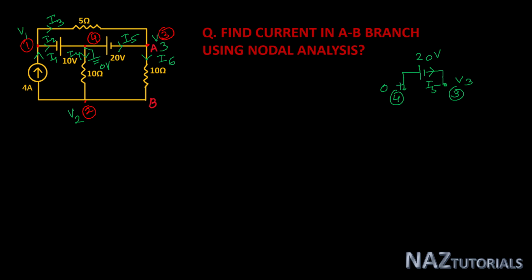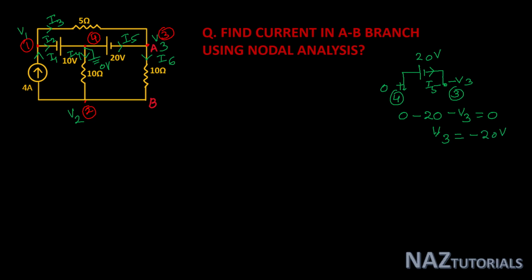This is our plus terminal and this is our minus terminal according to the current direction. So here we can write 0 minus 20, from node 4 to node 3, minus 20 minus V3 is equal to 0. So we get V3 is equal to minus 20 volt.